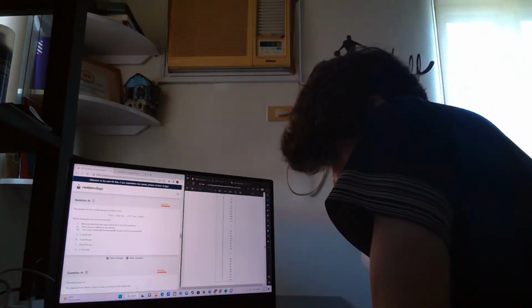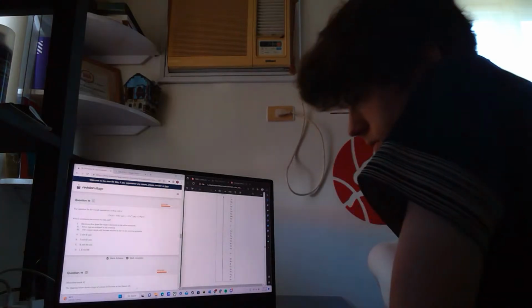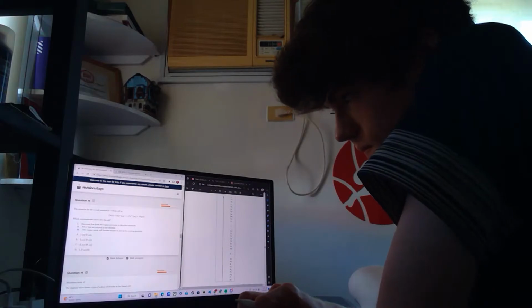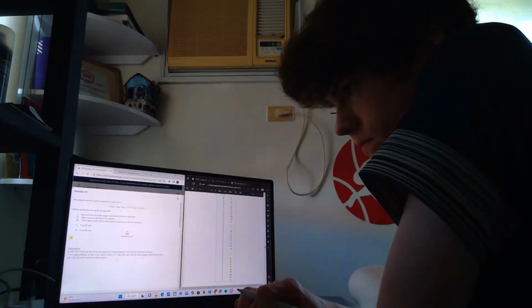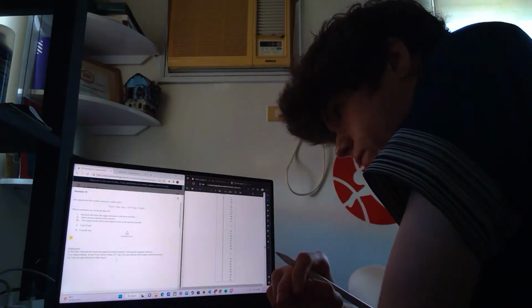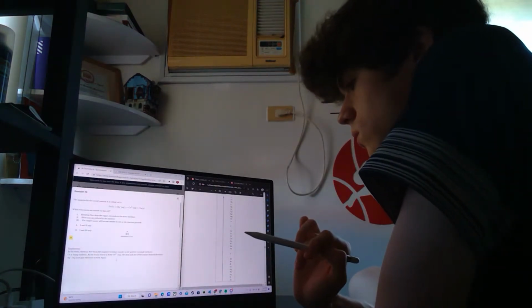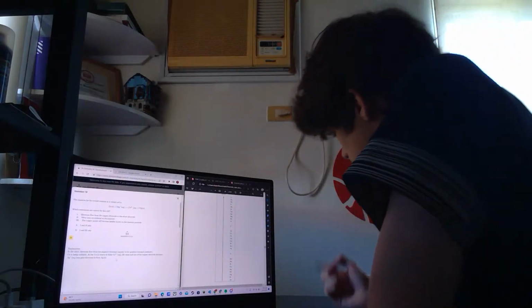But it wouldn't get bigger. So I'm going with A. Okay, that's good to know that the mass and size will decrease. Didn't know that.